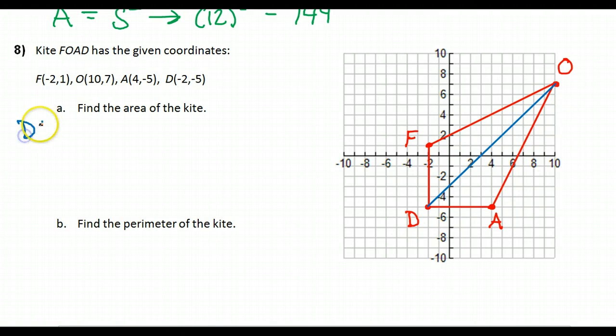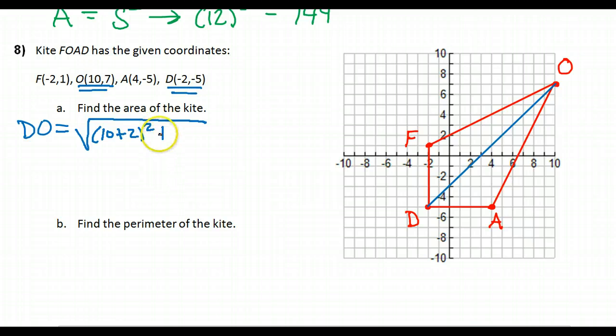So DO, why did I put a Q? Okay, there's that Dairy Queen again. DO, if we want to find that length, we will just simply use the distance formula, using points D and O. So x minus x, so 10 plus 2 squared.